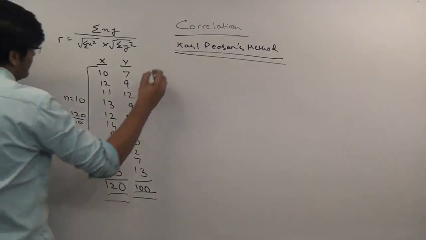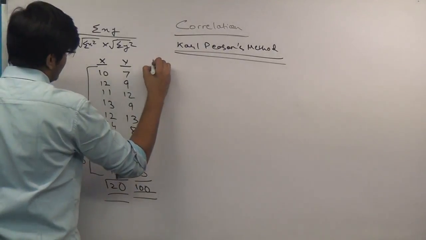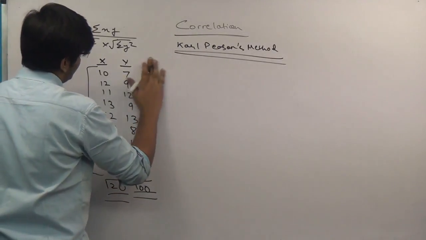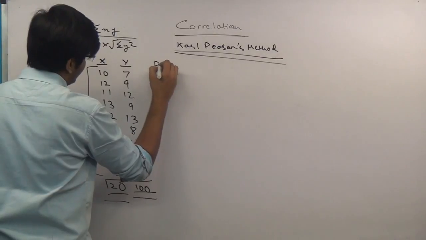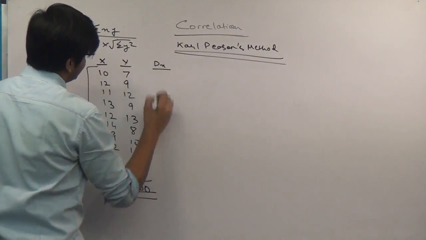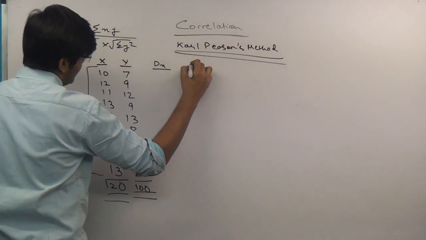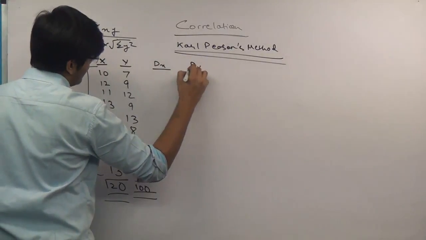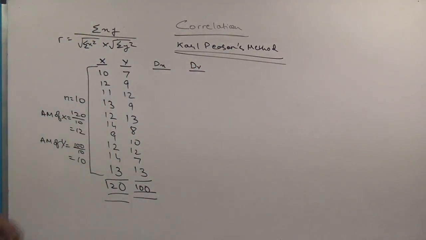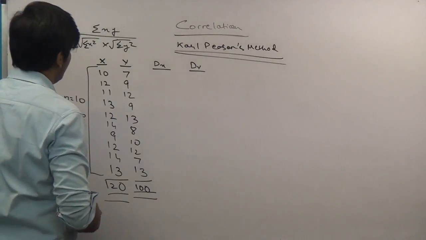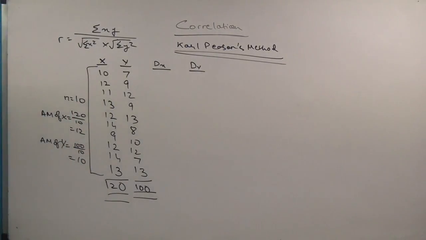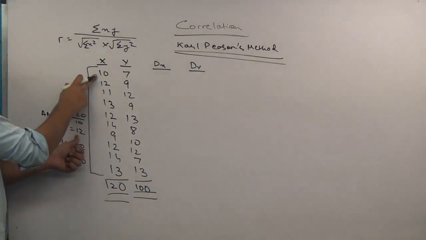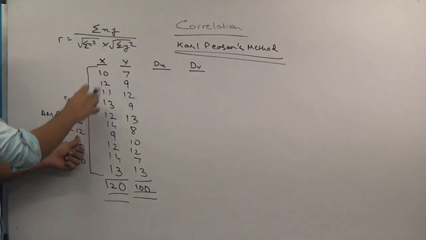Make a column deviation of X and make a column deviation of Y. Now deviation from X, that is arithmetic mean, and the column of X that we have originally, we'll have to subtract those.